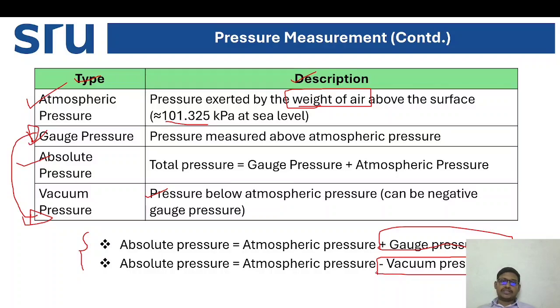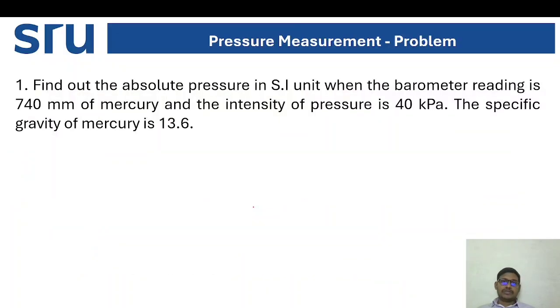If it is minus, you take vacuum pressure. That is how we have to do it. Understood? Absolute pressure is equal to atmospheric pressure plus gauge pressure, and absolute pressure is also equal to atmospheric pressure minus vacuum pressure.